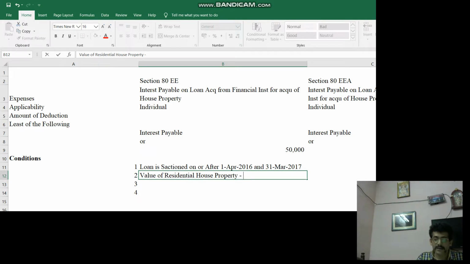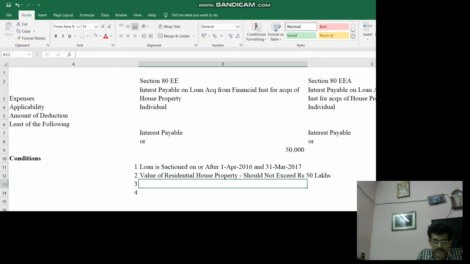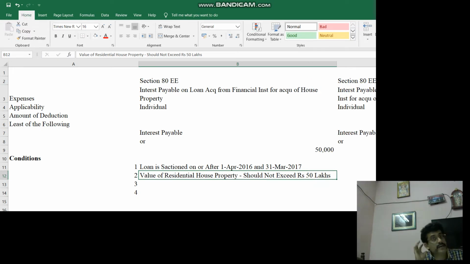It says the value of house property should not exceed rupees 50 lakhs. So the first condition is loan is sanctioned during the period 1st April 2016 to 31st March 2017. And the second condition is nothing but the value of the residential house property acquired does not exceed 50 lakhs.